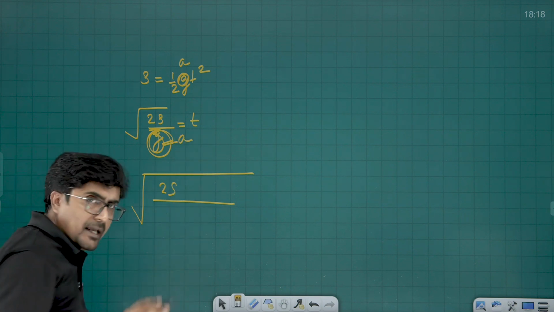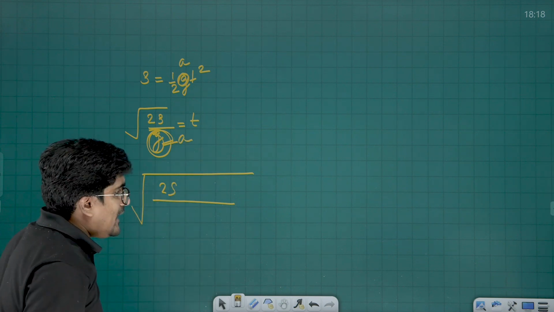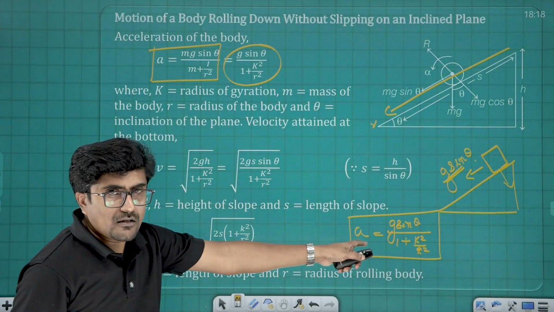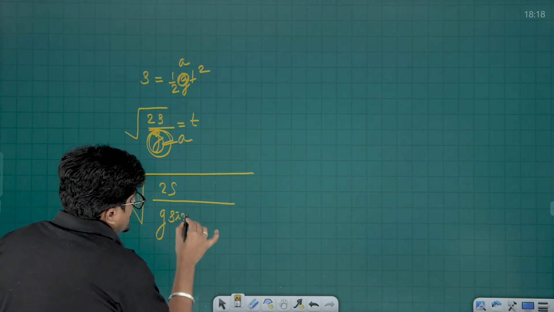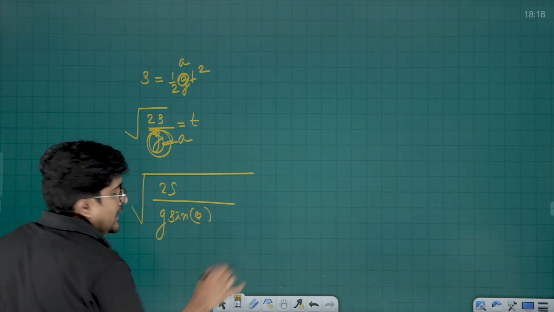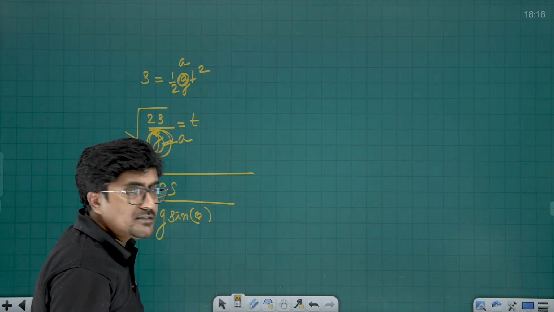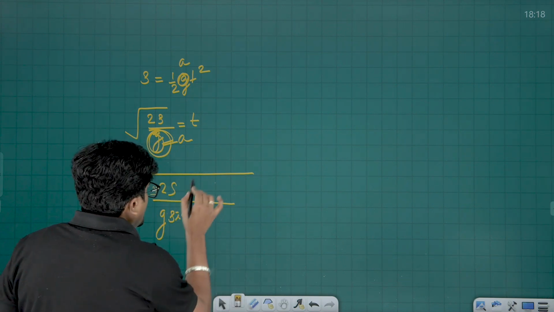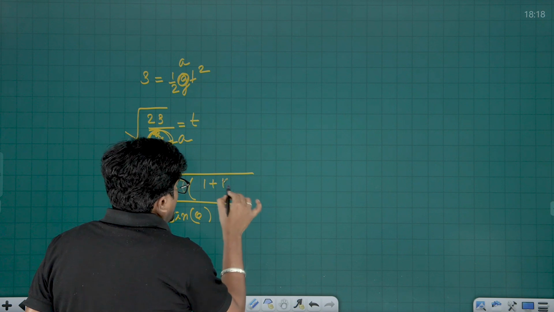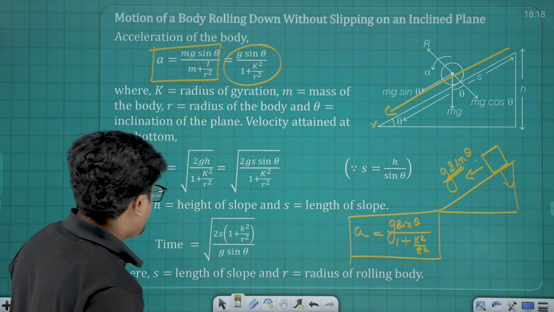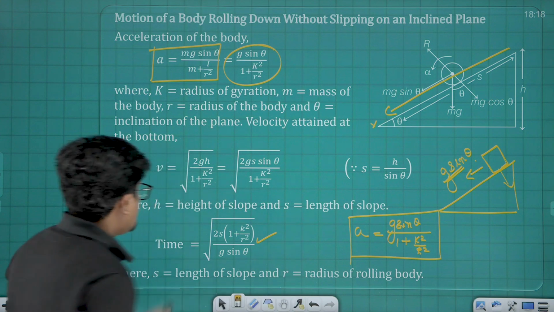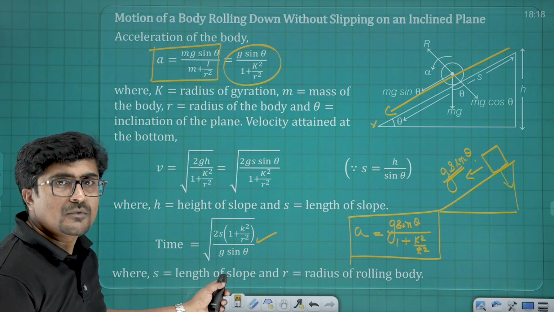Now this acceleration a is going to be replaced by this particular term, g sin theta divided by 1 plus k square upon r square. So definitely 1 plus k square upon r square will go to the top. And you can see the time. This is the expression for time, isn't it?